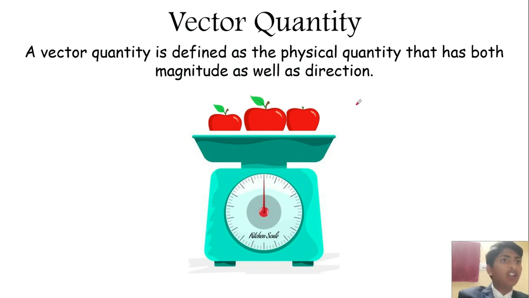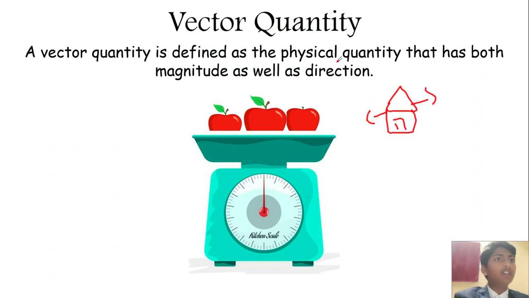As I said in the last example, if your home is here and I tell you there is a treasure 50 kilometers away, you can't go anywhere. But in vector quantity, like 50 kilometers to the east, you will go 50 kilometers east, and there you will get the treasure. That's vector quantity. Vector quantity has both magnitude as well as direction.